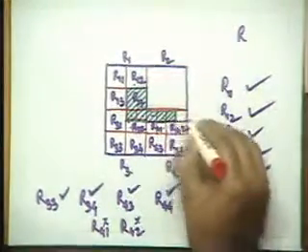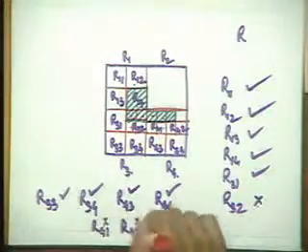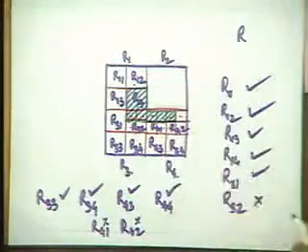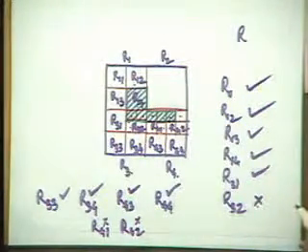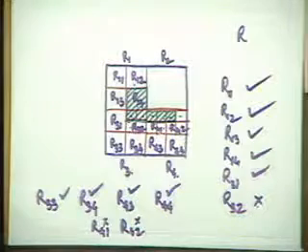Subdivide R42, and after further partitioning I find that even R42 has fulfilled. So is there any more partitioning to be done? No more partitioning is left. Now tell me, how many regions did I get?